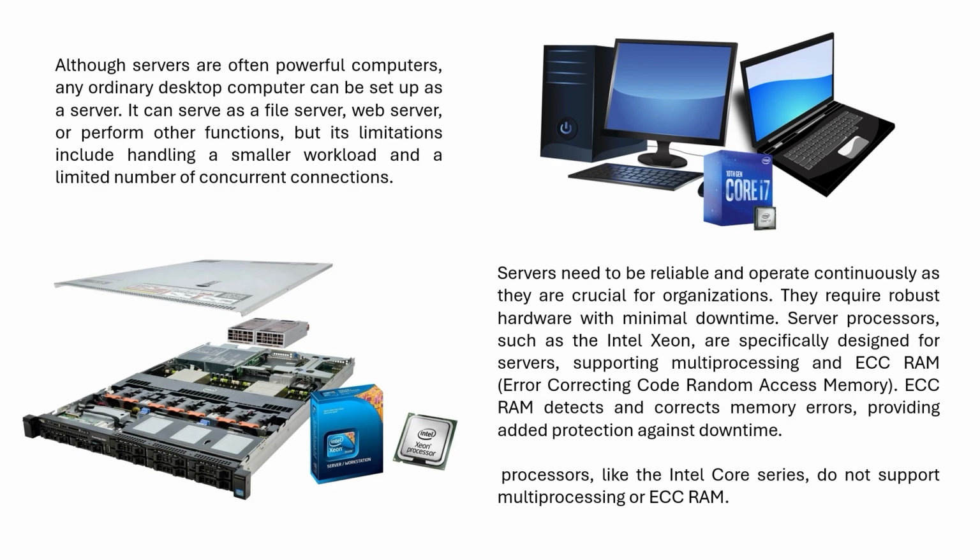Now, if you take a look at the picture on your left, which is a server machine, which has the Intel Xeon processor next to it, the reason for this is to show you the difference between a normal computer and a server. In this case, a server cannot play games as well as a laptop or a desktop. A server can handle multiprocessing and does support ECC RAM, whereas a normal computer doesn't support multiprocessing or ECC RAM.